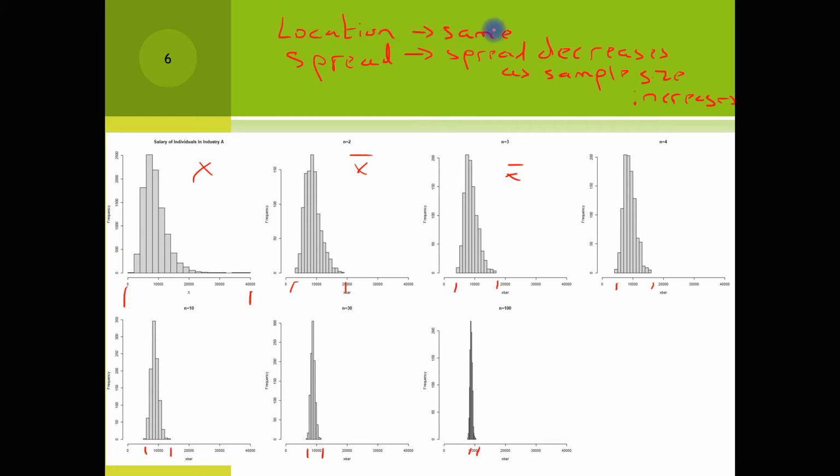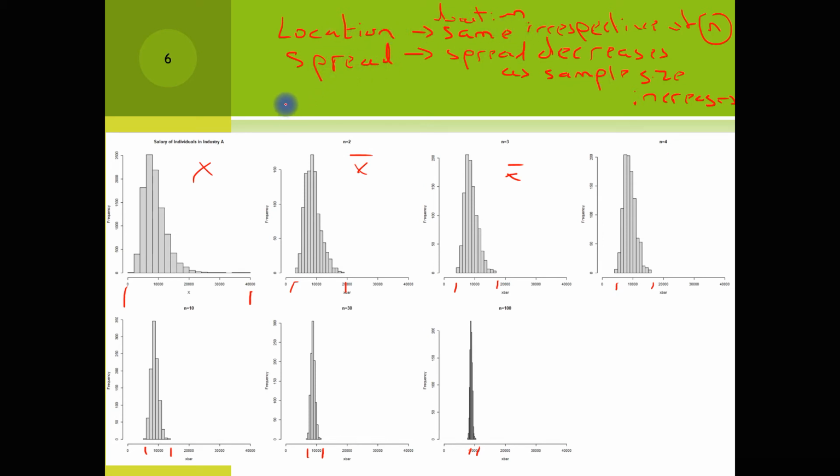When we talk about location, location is the same, irrespective of n, the sample size. But here, the spread is decreasing when the sample size is increasing. There is a relationship between these two, but in the location, there is no relationship there.